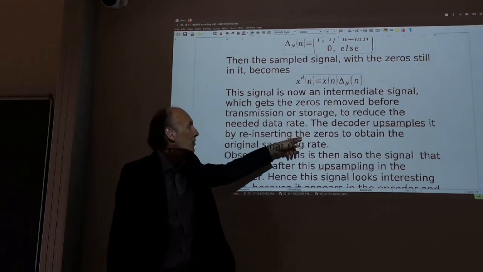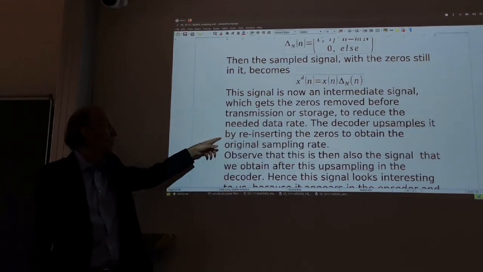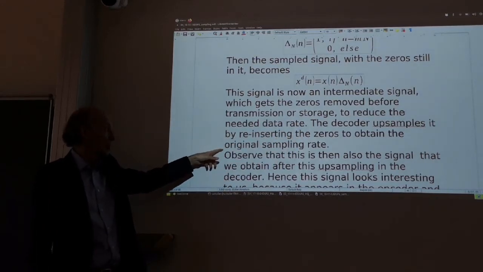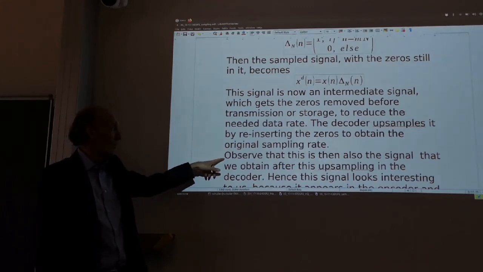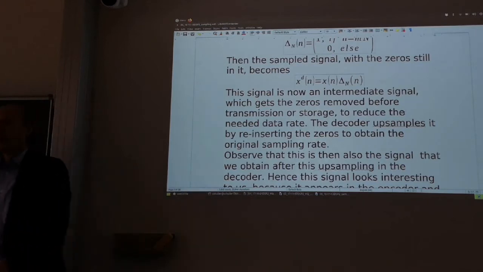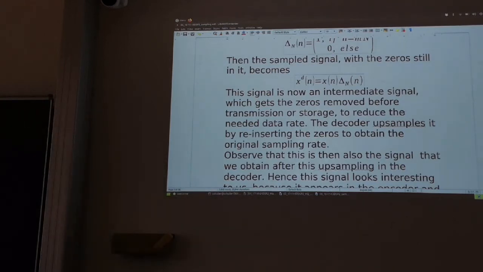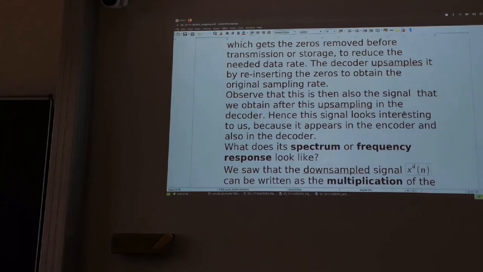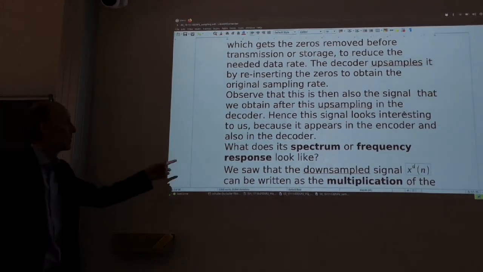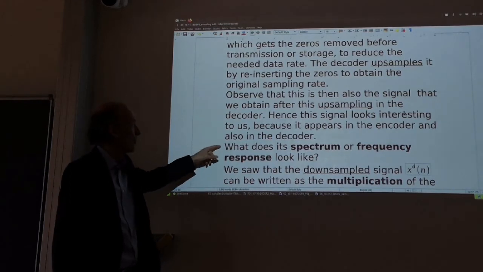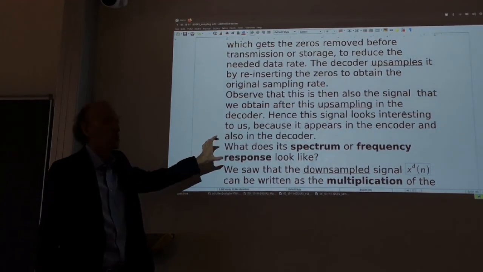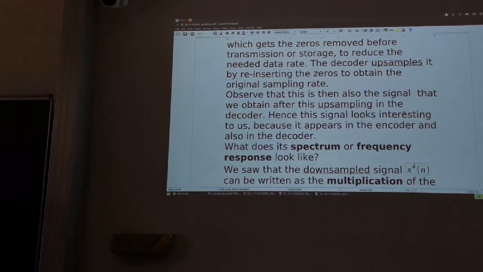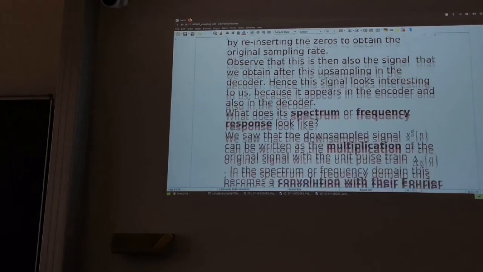And the decoder upsamples it by reinserting the zeros to obtain the original sampling rate. So this is then also the signal that is obtained after upsampling in the decoder, and hence the signal with still the zeros in it looks interesting to us, because it appears in the encoder and also in the decoder. So what does the spectrum or frequency response of this signal, still containing the zeros, look like?